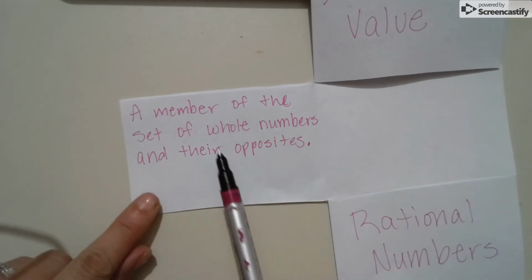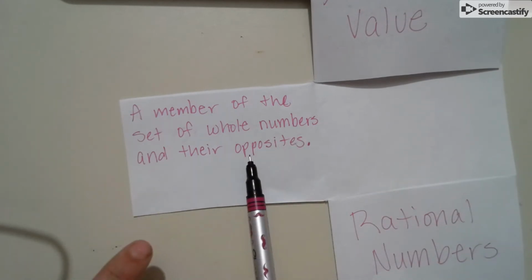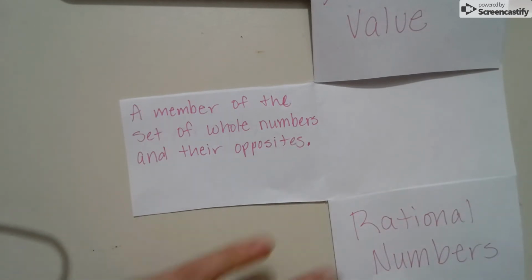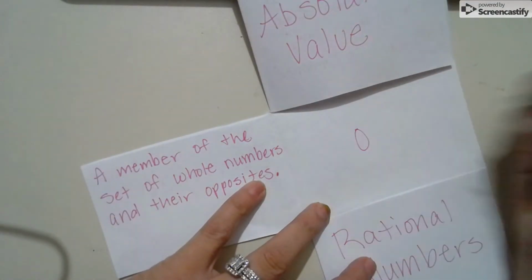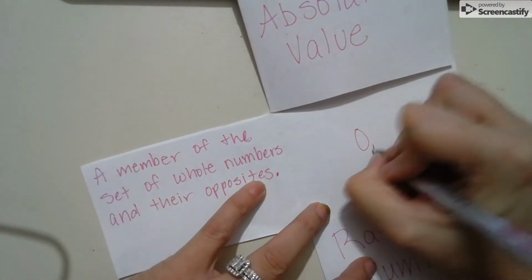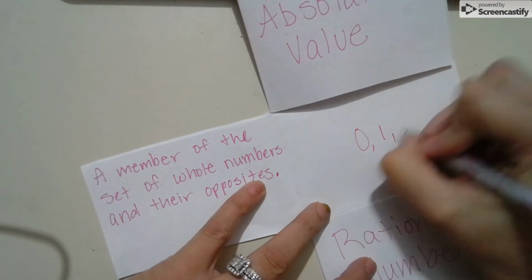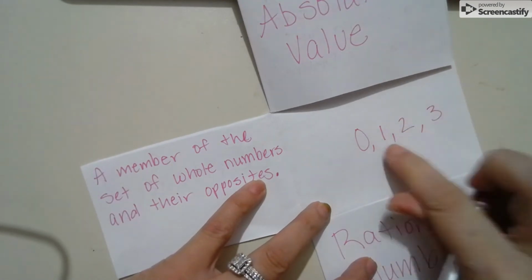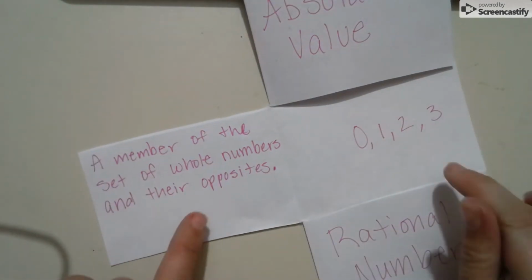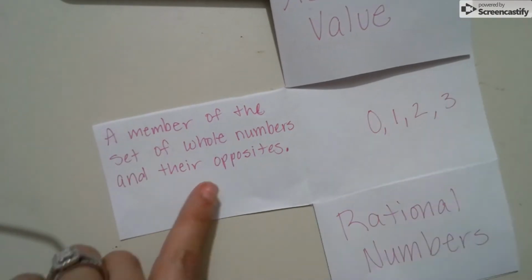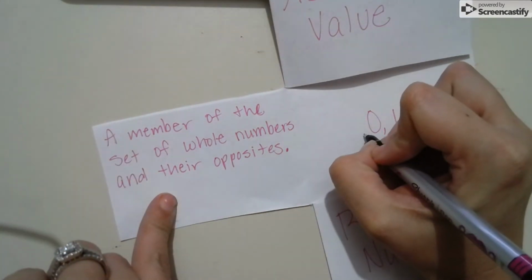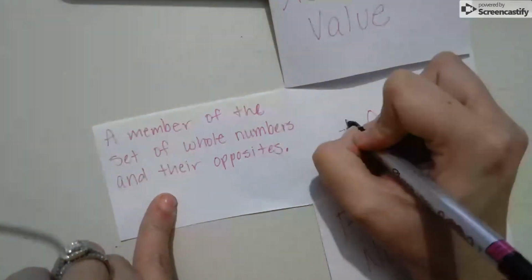Integers include all of your whole numbers and their opposites. So for example, if I go 0 and then I say 1, 2, 3, those are whole numbers, right? So, and their opposites, there's no opposite of 0, 0 is 0. But the opposite of that 1 would be -1.